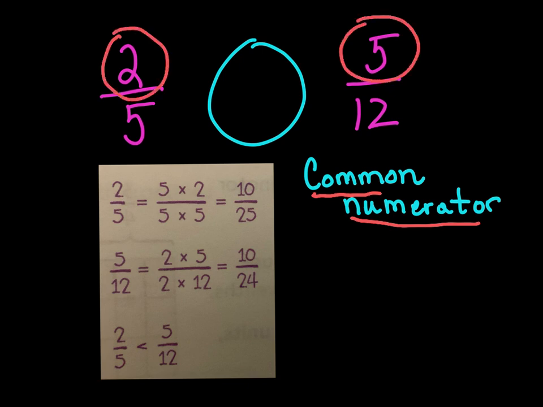And here, because they both have 10 in common in the numerator, we multiplied top and bottom by 5, top and bottom by 2, and we got 10/25 and 10/24. And by just looking at that, you know that 10/25 is going to be less than 10/24. So 5/12 is larger than 2/5.